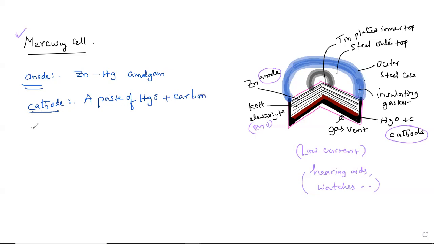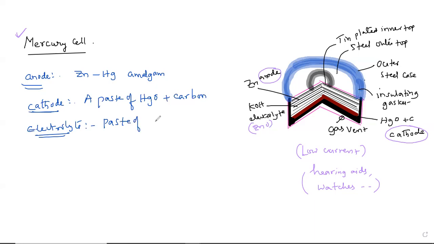And what is the electrolyte, if asked? The electrolyte is present between them, as we discussed. It is a paste of potassium hydroxide saturated with zinc oxide.